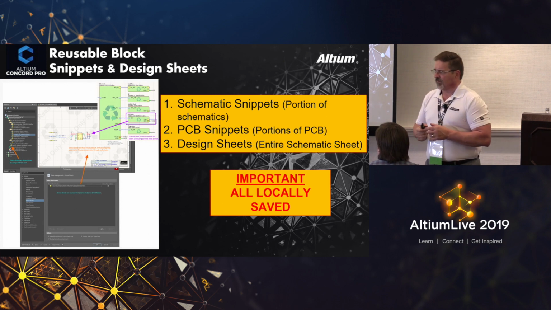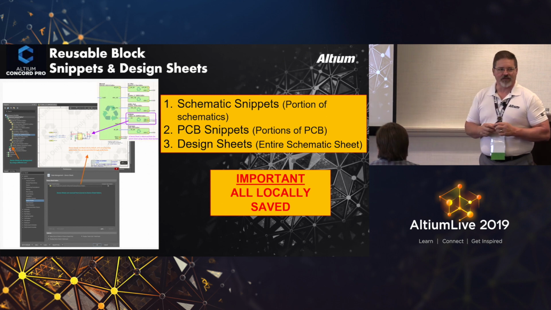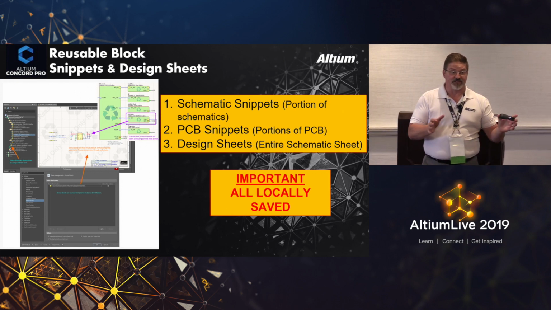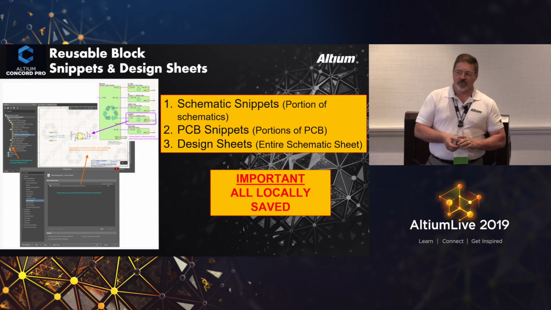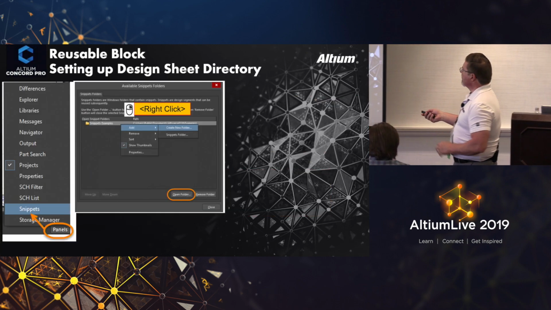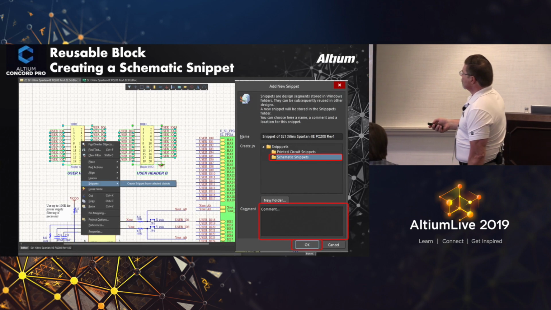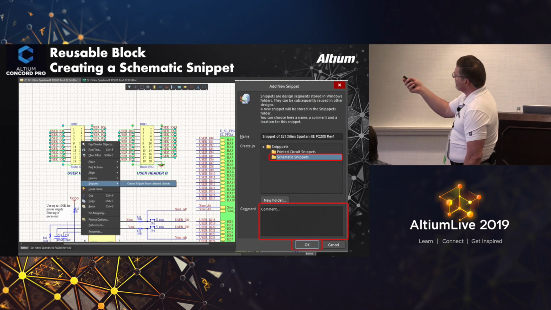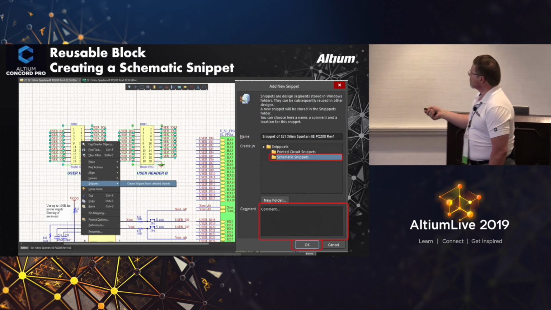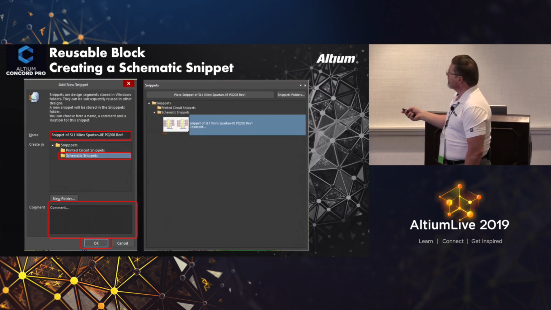No. I mean, we've been asking for it for a long time, to be able to take a reusable block for a PCB design. That would be phenomenal. All right? And this is a way around that, where you can actually create a snippet of, let's say, that circuitry there. It's then locally saved on your system as a snippet.